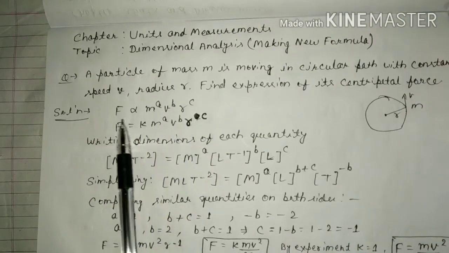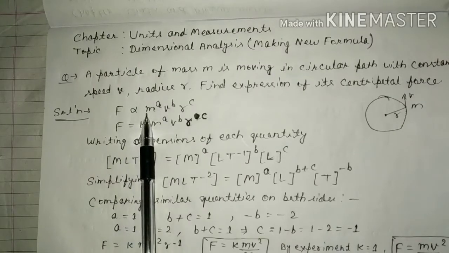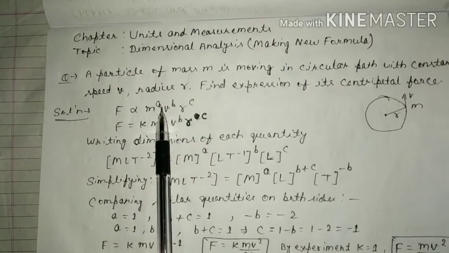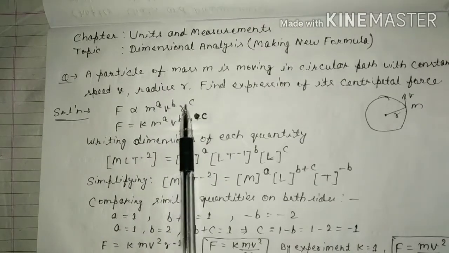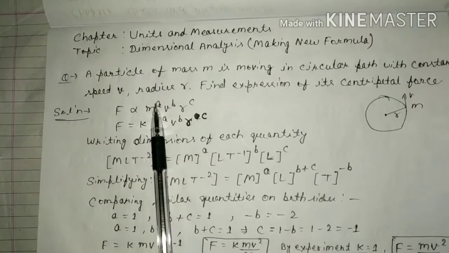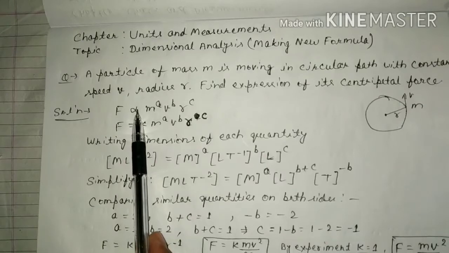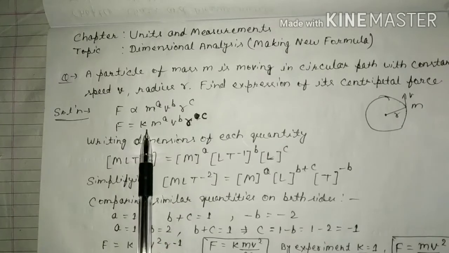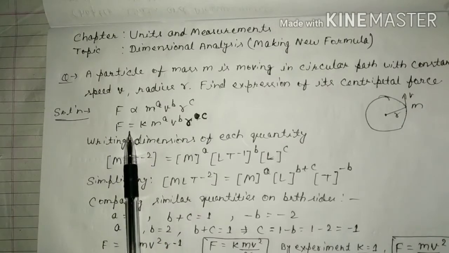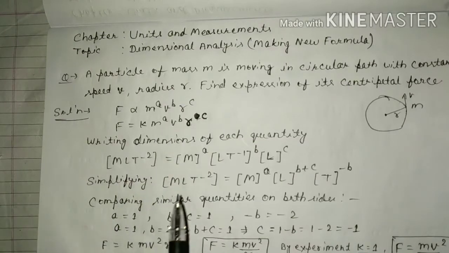Let the centripetal force depend on mass to the power a, speed to the power b and r to the power c. Then we will find the values of a, b, c, and we can write the formula with the help of dimensions. The proportional sign changes into an equal sign with a constant: F equals k m to the power a, v to the power b, r to the power c.